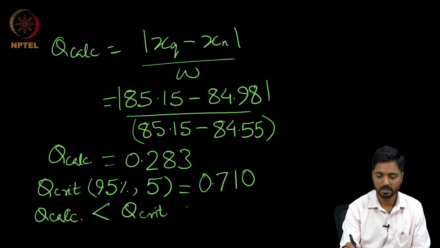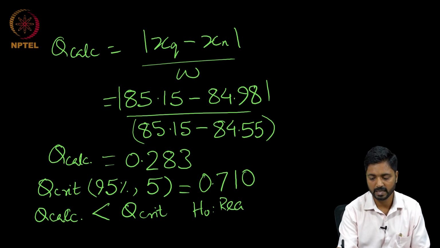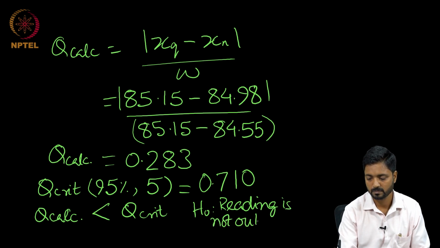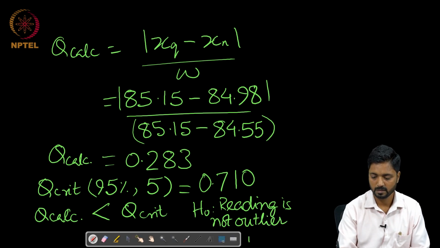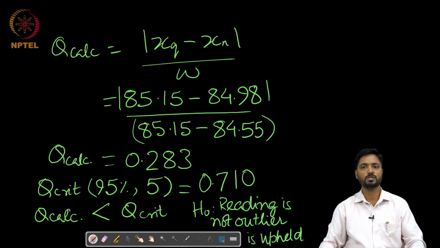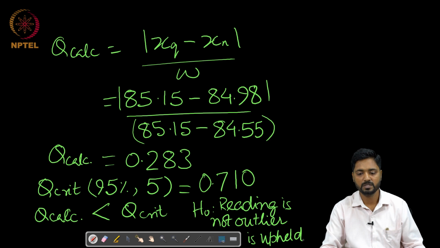In other words, the null hypothesis, which is that the reading is not an outlier, is upheld. So, we cannot reject the tile that has 85.15 centimeters as its length.